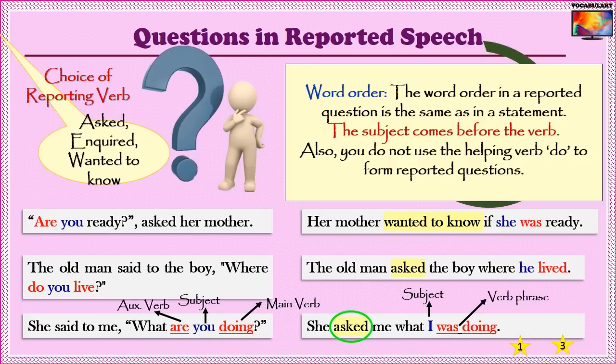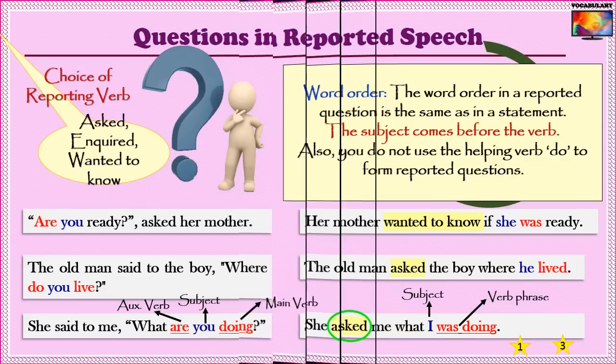In indirect speech, the subject comes before the verb phrase. Like in the last example, I comes before the phrase was doing. Whereas in the original question, the subject is sandwiched between the auxiliary verb and the main verb. In the question, what are you doing? You comes between are and doing.